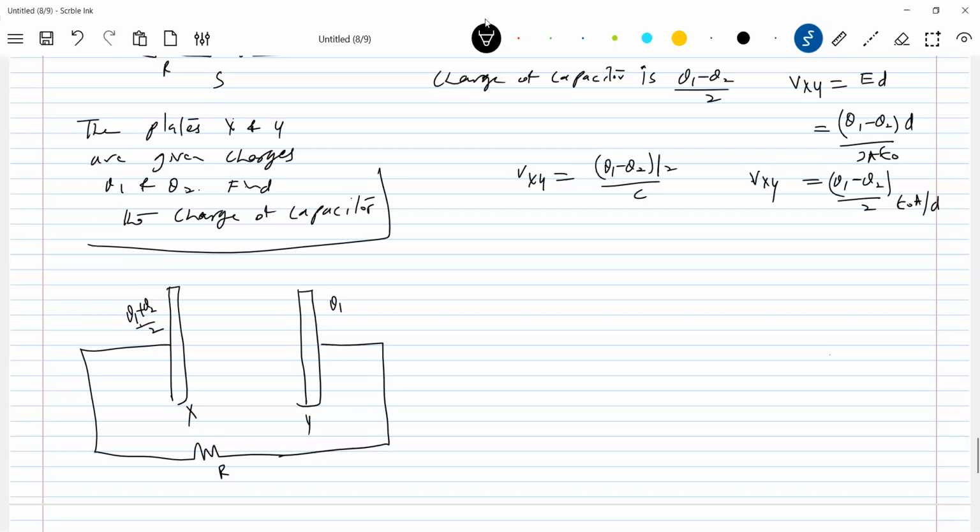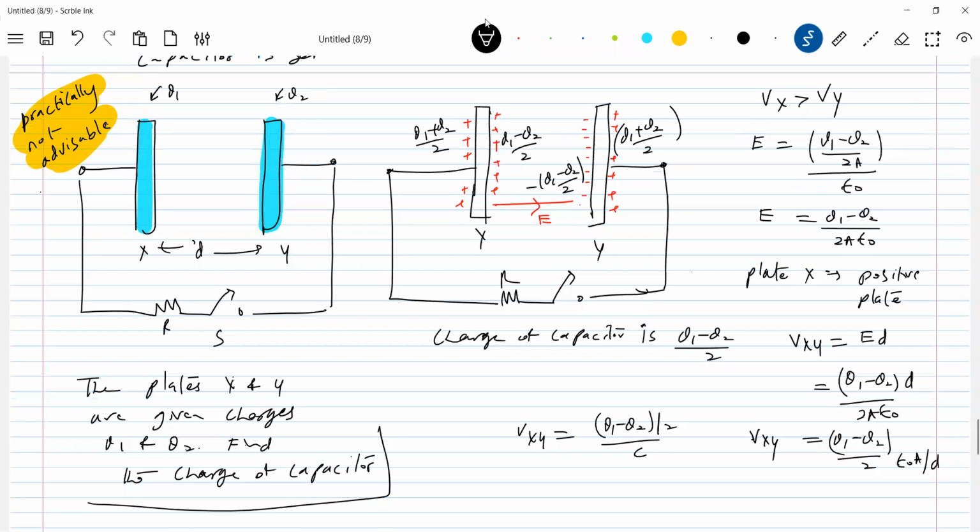You see now, the field inside the capacitor will be 0, Vxy 0. What is the electric field inside the capacitor? It was 0. So earlier there was some energy in the capacitor. What was that energy?